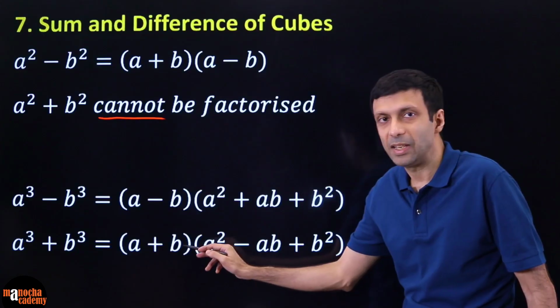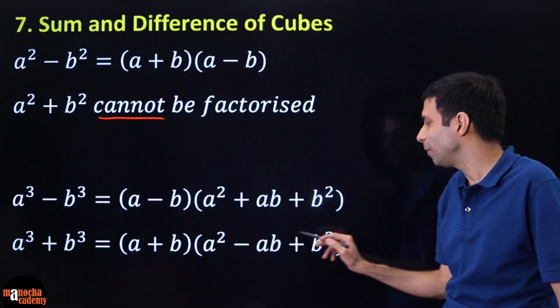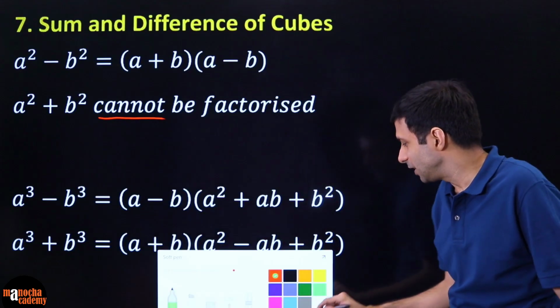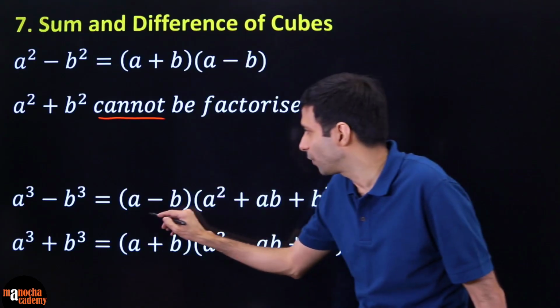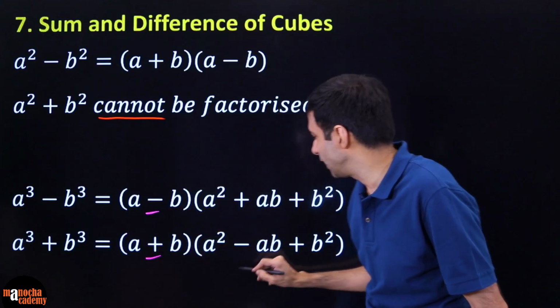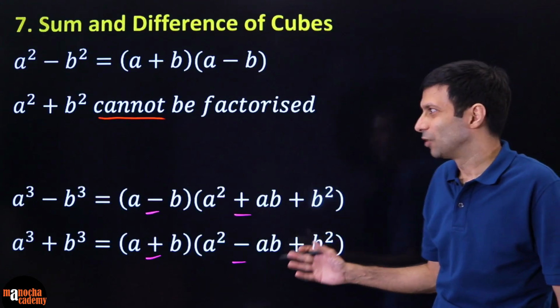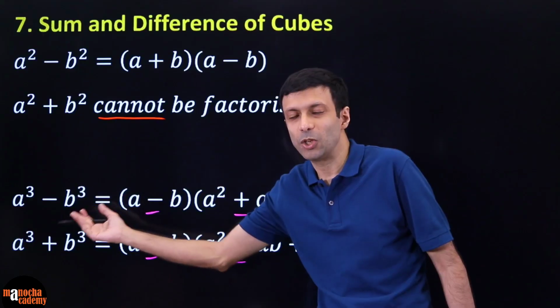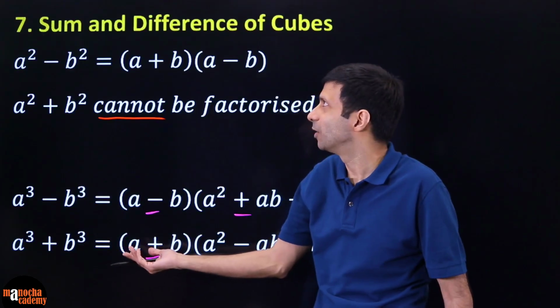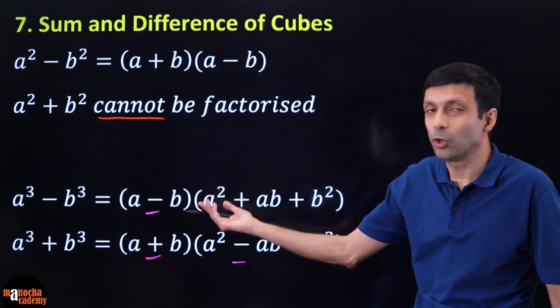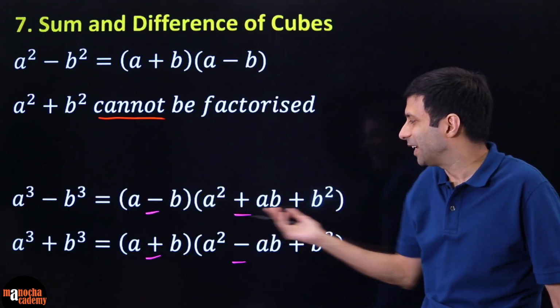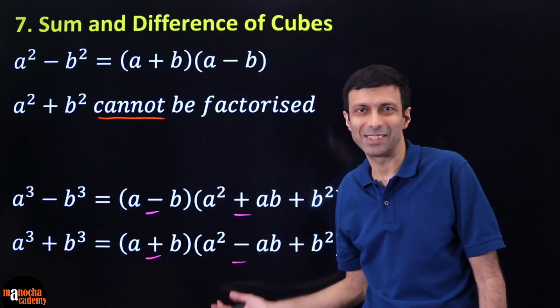There was a plus b here, it's going to be a square minus ab plus b square. So you can see that the only difference in these factors is in their signs. So just be careful of the signs here. So these cubic terms, difference of cubes or sum of cubes, can easily be broken into these factors.